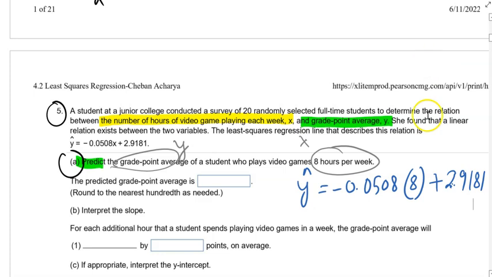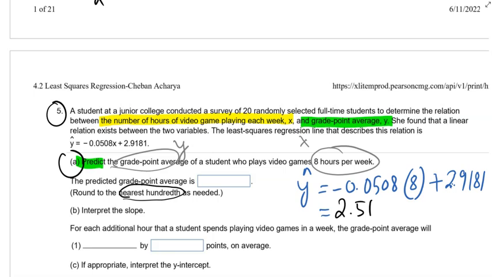Okay, now if you use a calculator, you multiply and do the math here, your y hat is going to be 2.51, rounded to the nearest hundredth. Hundredth is 2 decimal places.